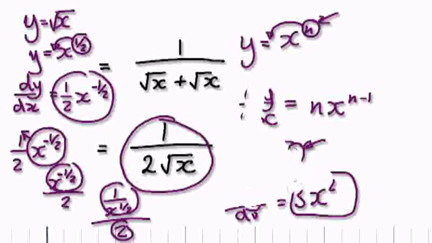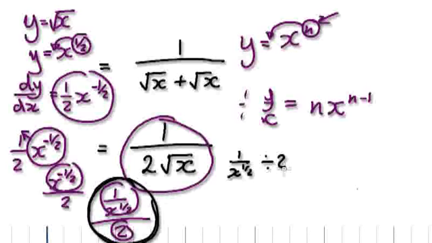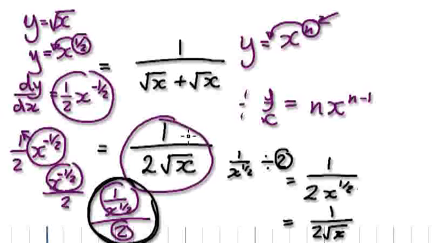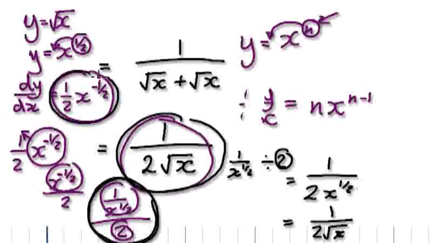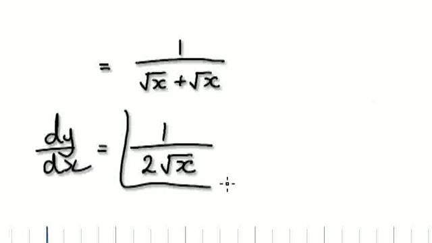So visualize it as 1 over x to the power half divided by 2. Rather than trying to do this here, visualize it like this. So here it gets multiplied to the bottom, so it becomes 1 over 2x to the power of a half. And to the power of a half is really 1 over 2 root x here. What I'm trying to say is that this thing here is exactly the same as this thing here. Okay. Well, anyway, the answer to the whole question, dy by dx here, is given by this here.